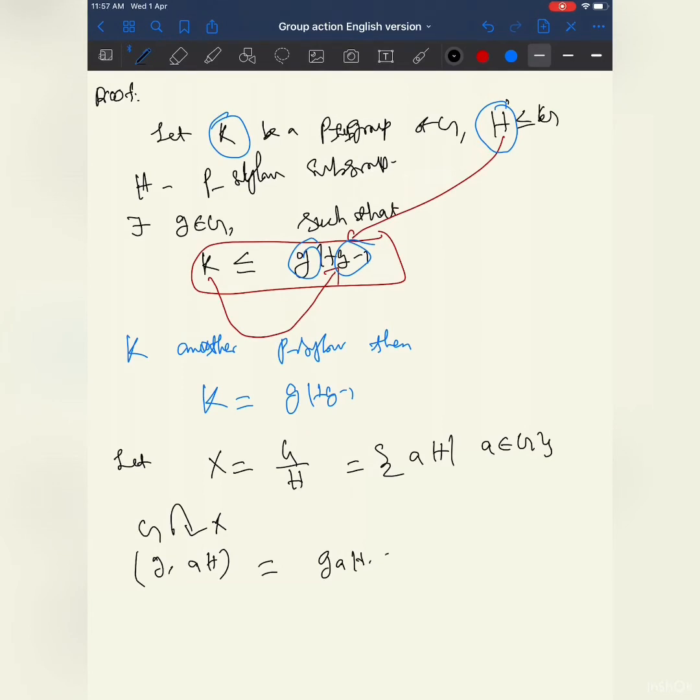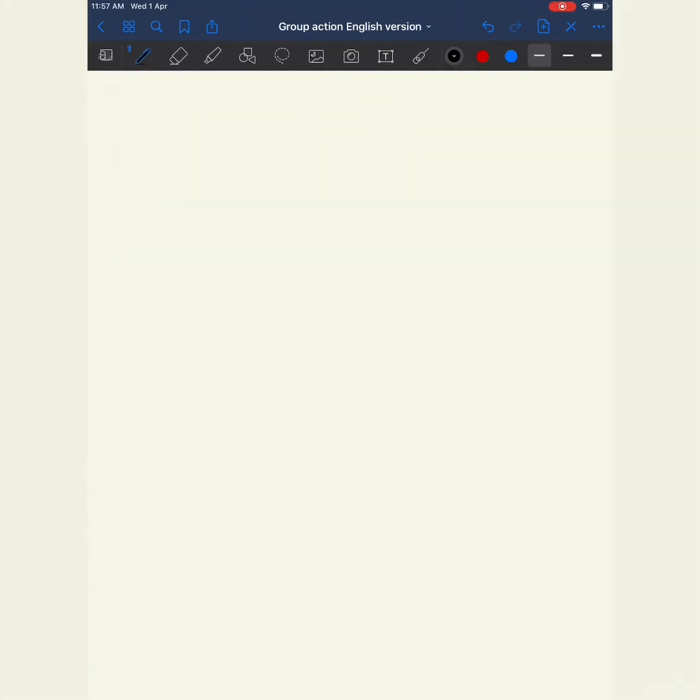That's it. This is how I am acting. Any basic group theory person knows this notation. I am going to observe a few things.